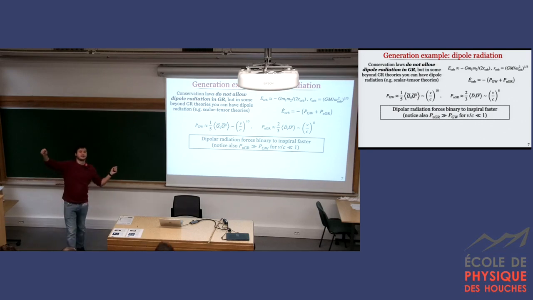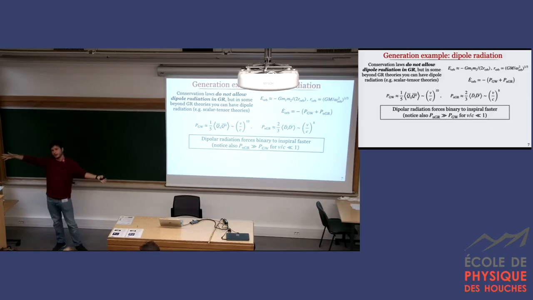So scalar radiation, dipolar radiation, is always more important in the early spiral, where it might actually dominate over the quadrupolar emission. So if you have a long spiral, you might be able to constrain it better than with a short event, for example.